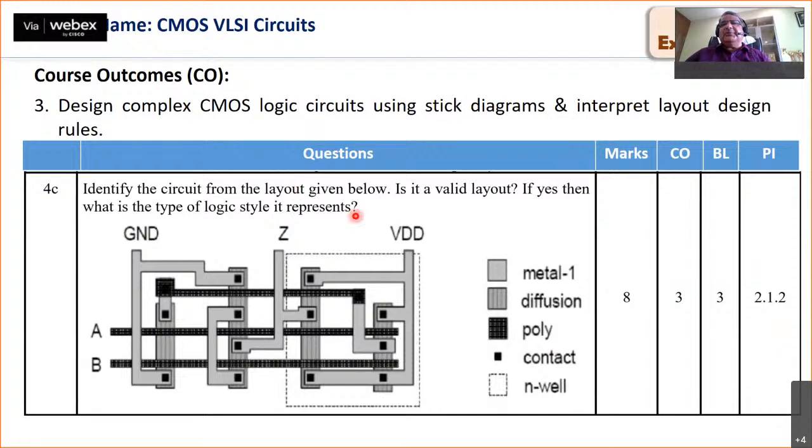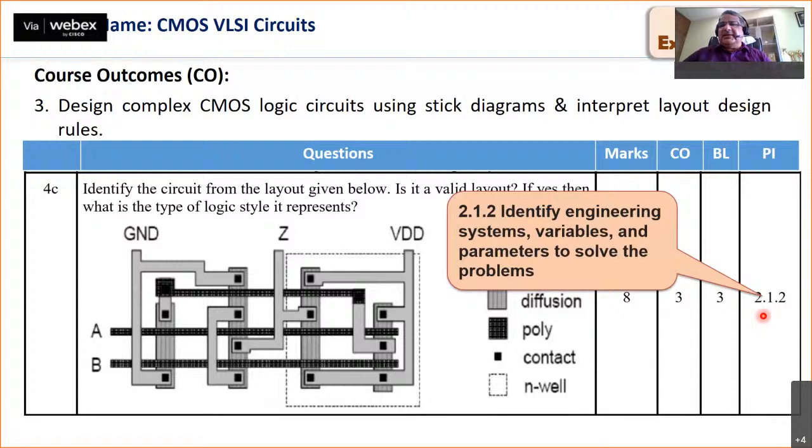These questions are all available in the policy document which you downloaded. If you have not downloaded it, download it. I have taken only selected things from that policy document and tried to make it easy for you to understand. What is 2.1.2? Because this is the definition of 2.1.2.